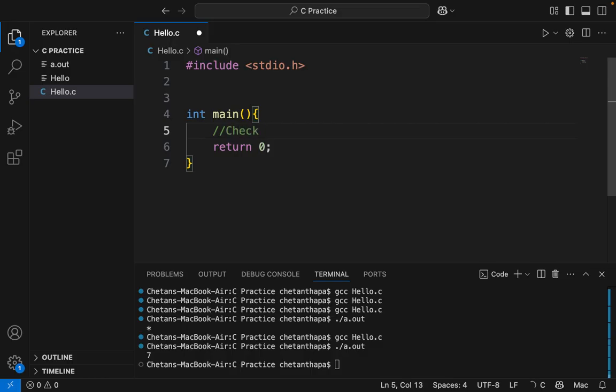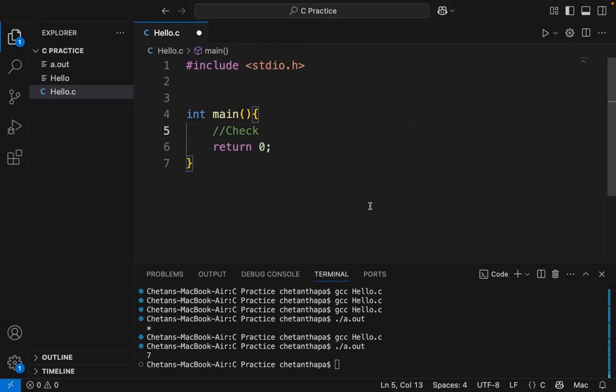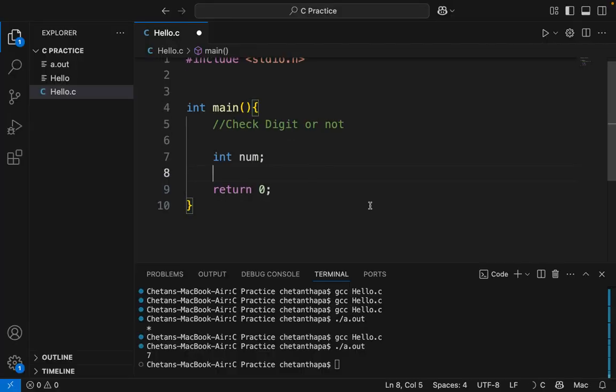Check digit. So let's declare one num variable.